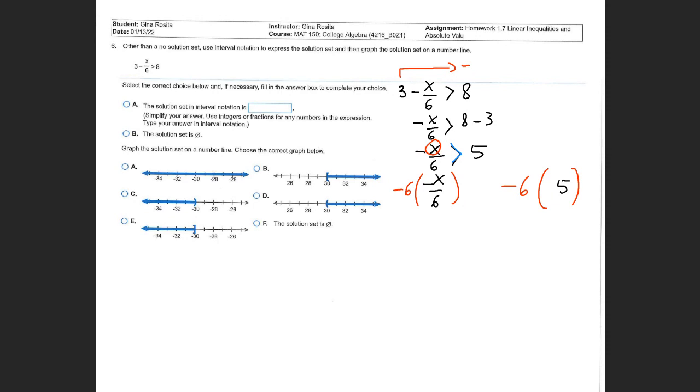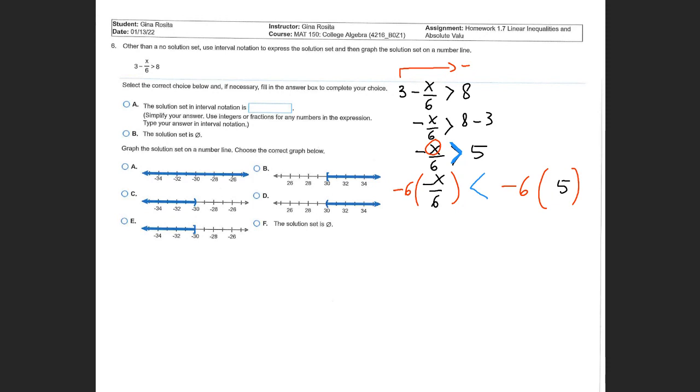This greater than changes, why? Because you multiply by a negative number, greater than becomes less than. Or if you have less than, it becomes greater. Just the opposite.